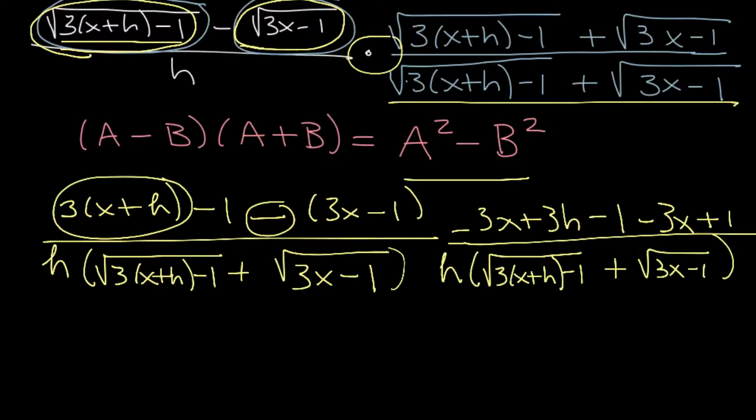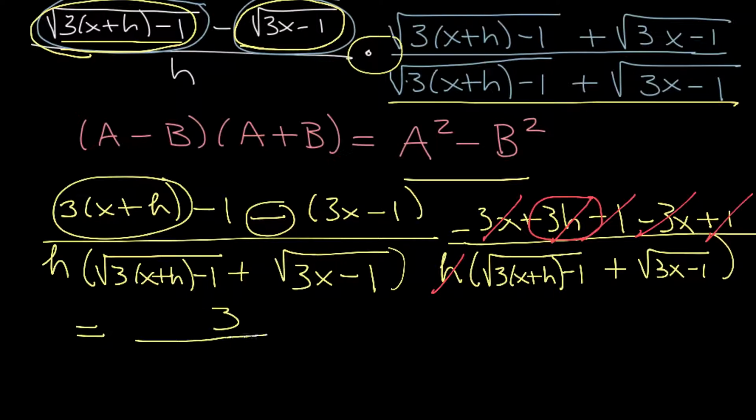And there's some good news here. We can cancel some things. The 3x's cancel, the 1's cancel, and notice that what's left in the numerator is 3h, and so the h's cancel.